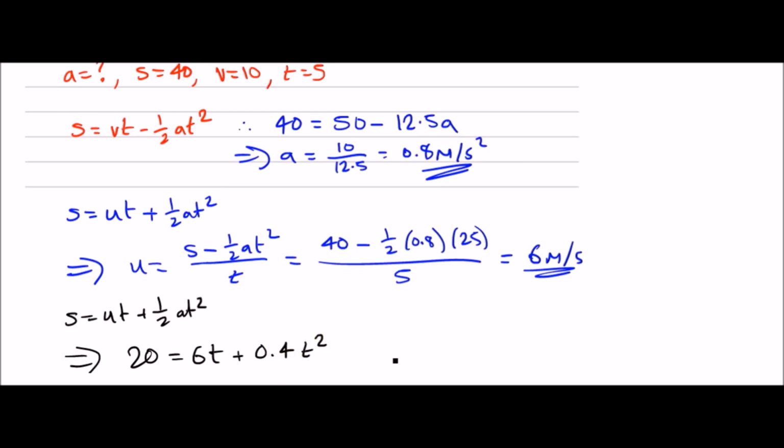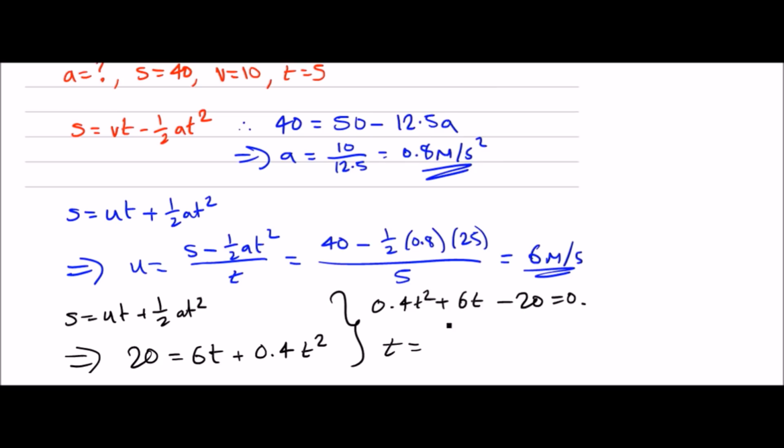Now, this is the part where nobody likes to do. Here we need to use the quadratic formula. Let's make it look neat, rewriting in the usual quadratic form: 0.4T squared plus 6T minus 20 equals 0. I'm going to assume you're pretty capable with the quadratic formula.